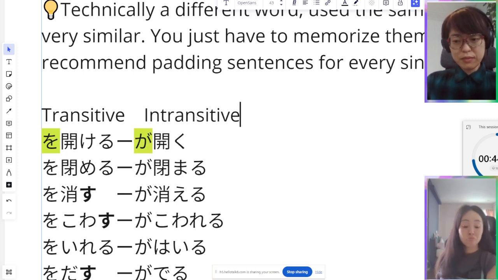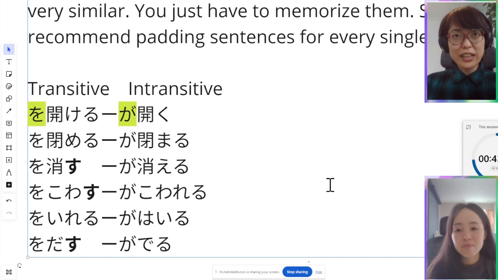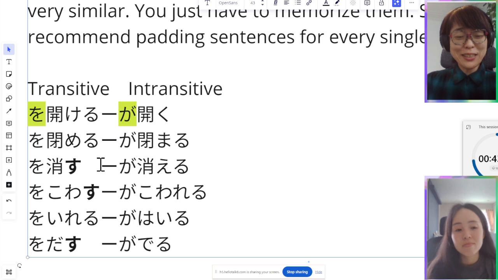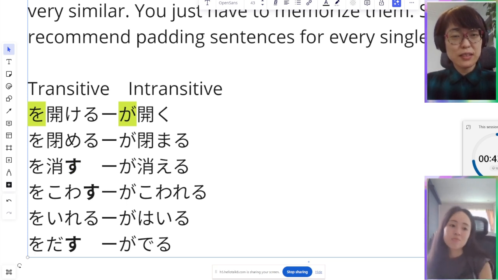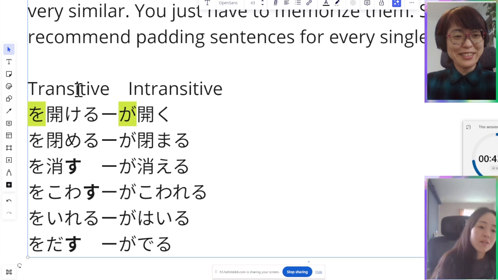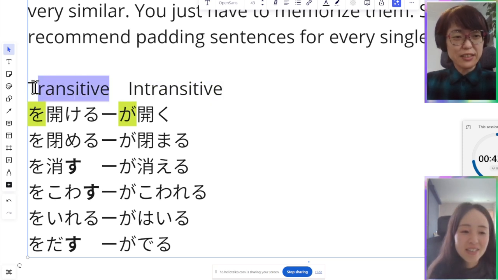So if the verb you encounter ends with su, it's pretty much transitive. And why? There's a reason.